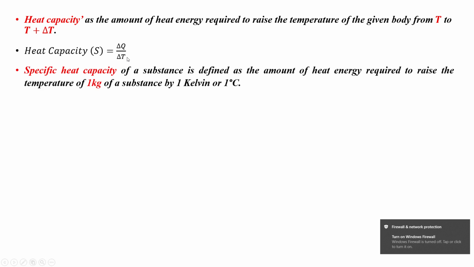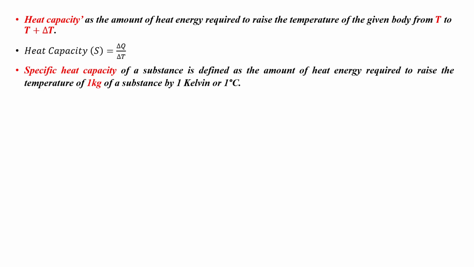Specific heat capacity, on the other hand, can be defined as the amount of heat energy required to raise the temperature of 1 kilogram of a substance by 1 Kelvin or 1 degree Celsius. So specific heat capacity is different from heat capacity in terms of mass.